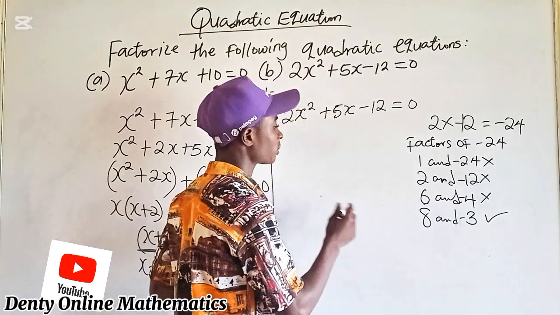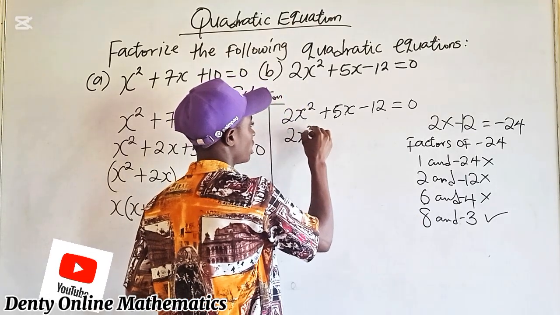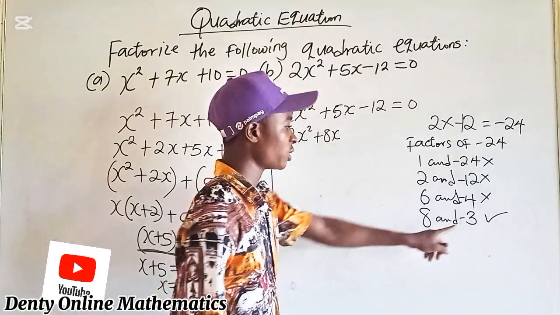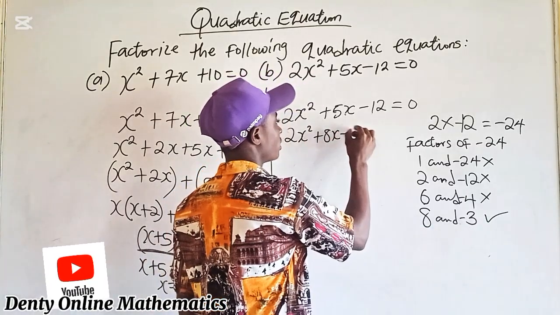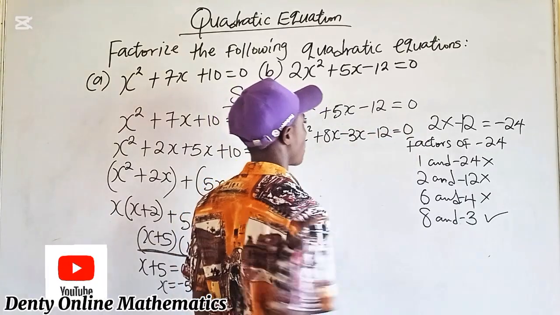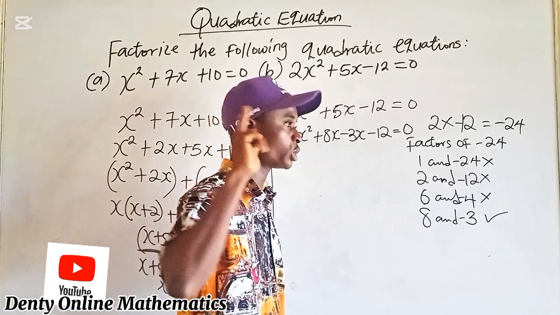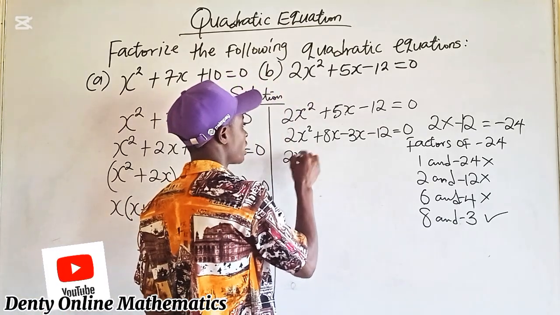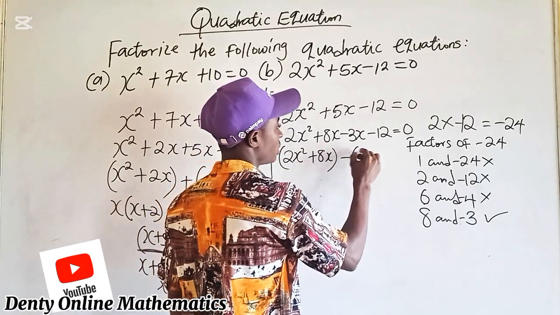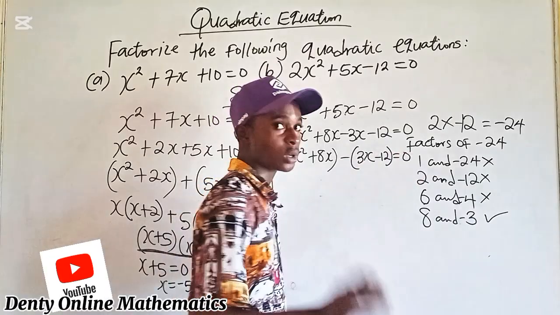So let's work with that. We have 2x squared, replace this with positive 8, plus 8x, and since we have a negative 3, minus 3x minus 12 will be equal to 0. Now we have 4 terms here, so we can group them two and two. So we have 2x squared plus 8x in one group, minus 3x minus 12 equal to 0.